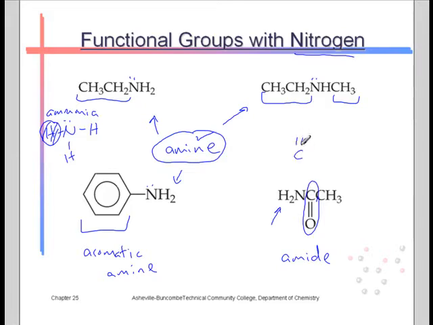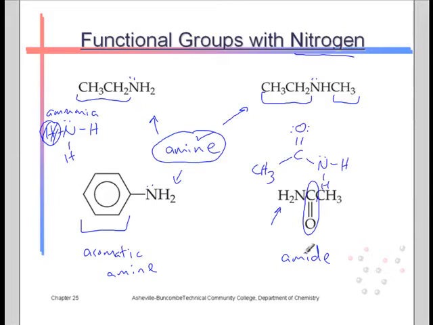And if I expand the structure just a little bit around this guy, I want to do the expanded structural formula just around the functional group. This is typically how I do write it in organic chemistry. There you see that bond that directly links the carbon of the carbonyl group to the nitrogen.